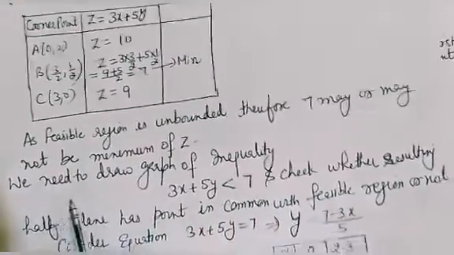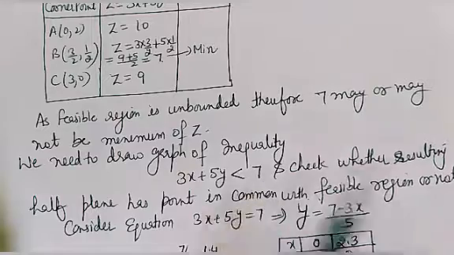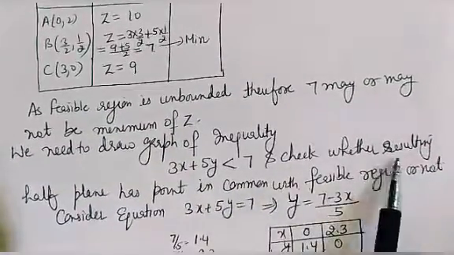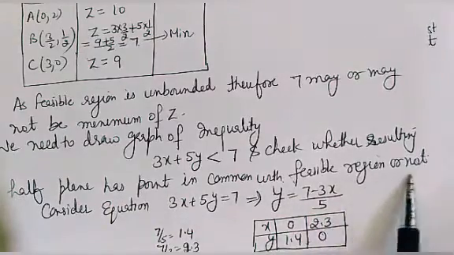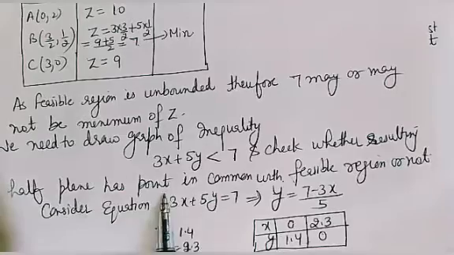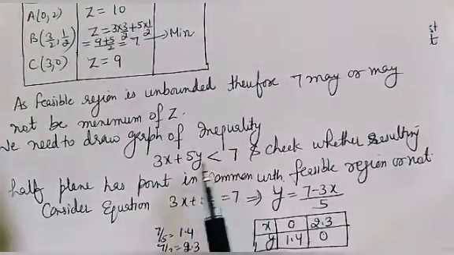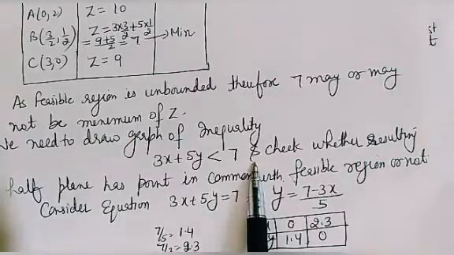So we need to plot the graph of the inequality 3x plus 5y less than 7 and check whether the resulting half plane has a point in common with the feasible region or not.